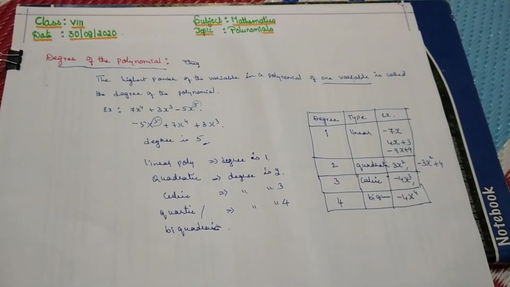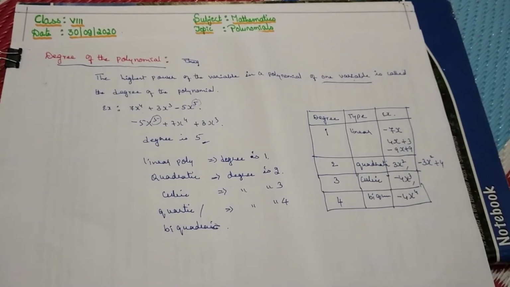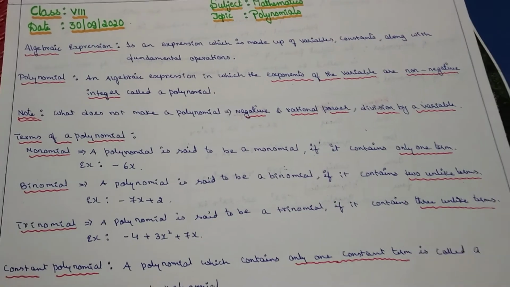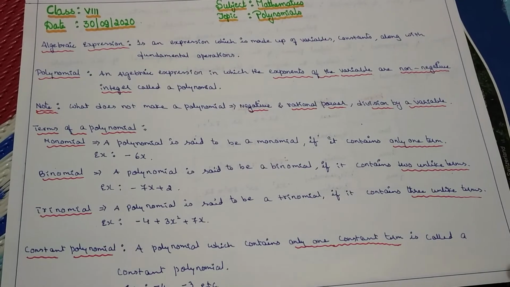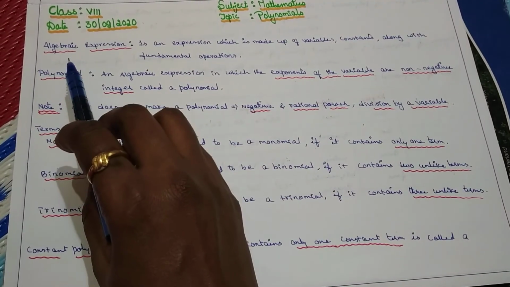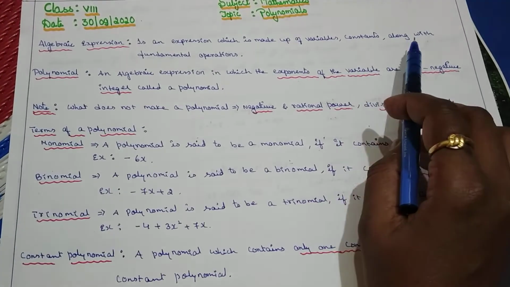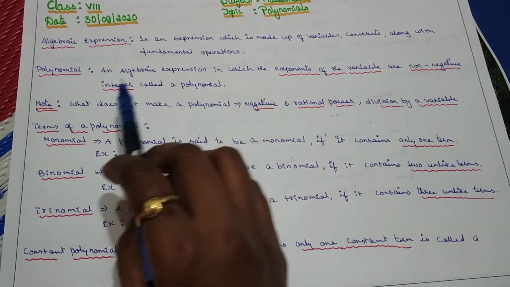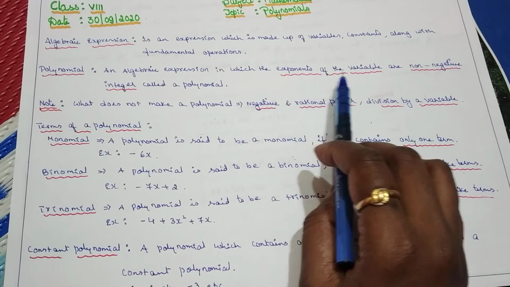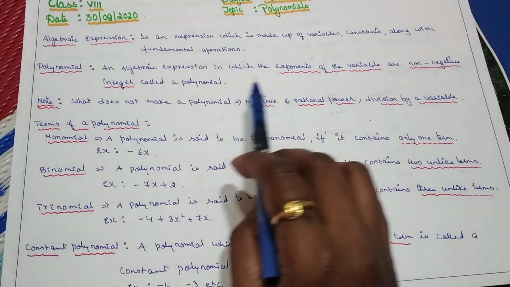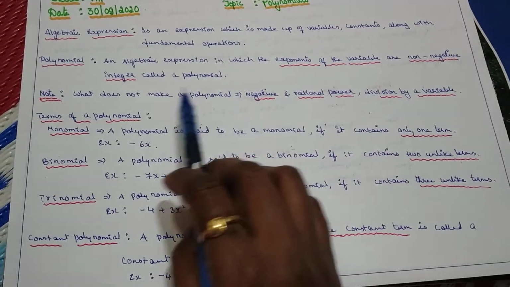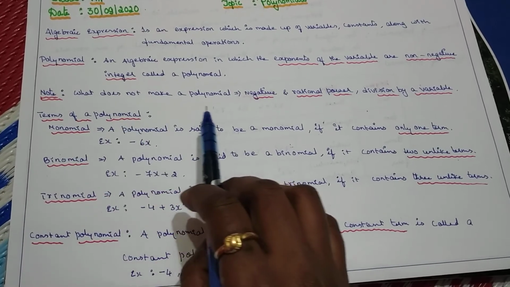Now having all these concepts, we'll study worksheet 1. Before going with the worksheet, just recall: an algebraic expression is made up of variables, constants along with fundamental operations. If the exponents of the variables are non-negative integers, it is called a polynomial. Note, what does not make a polynomial?